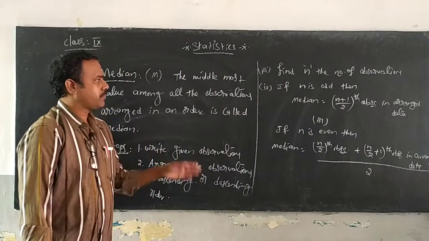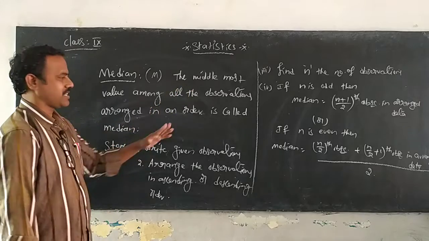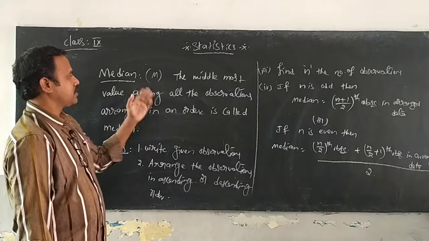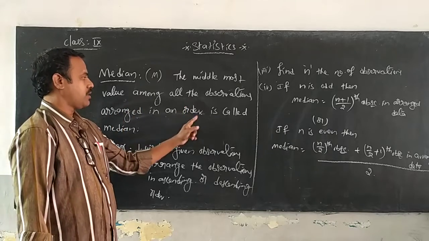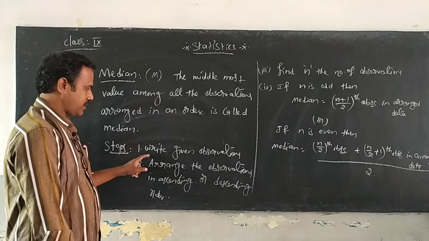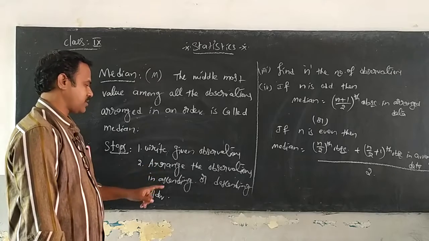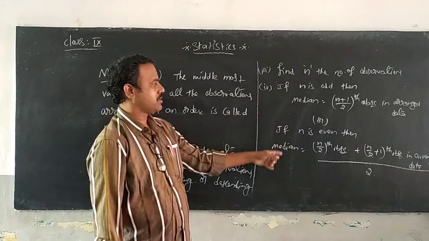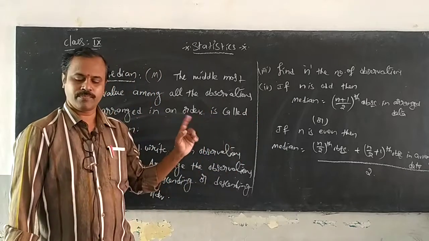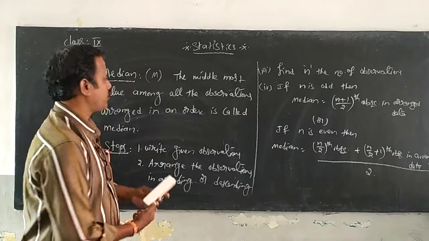So you need to find the median based on these steps. Median means the middle most value among all the observations arranged in an order. Write the given observations, arrange them in ascending or descending order, then find the value of n and find the median using this.